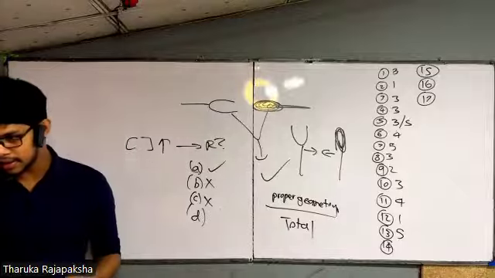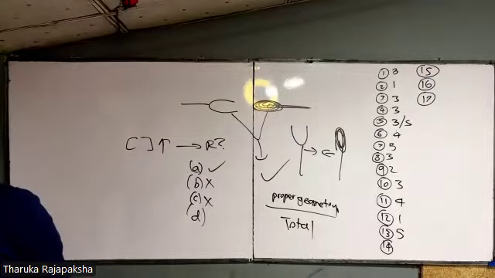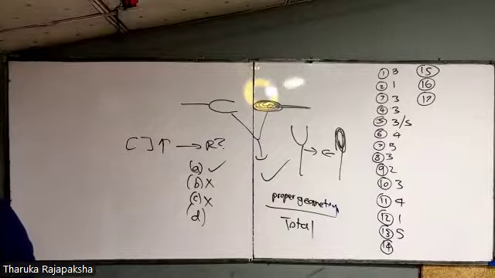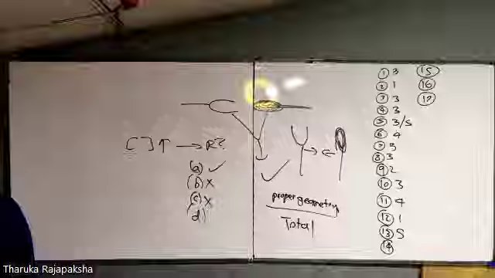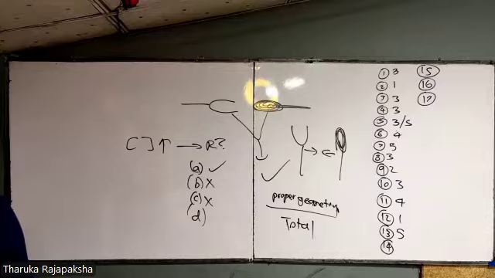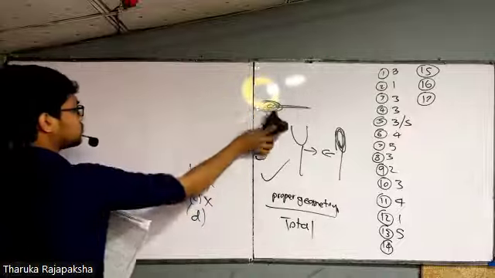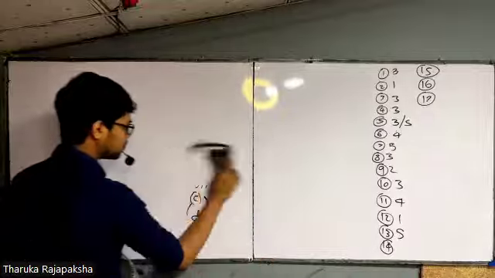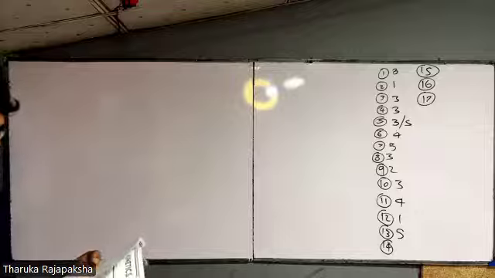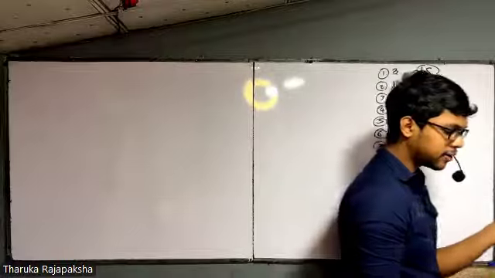Did you understand? Okay. The fourteenth one: under a given set of conditions, the catalyst increases the amount of product obtained in a unit time.